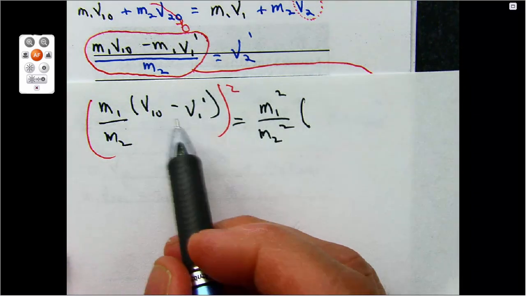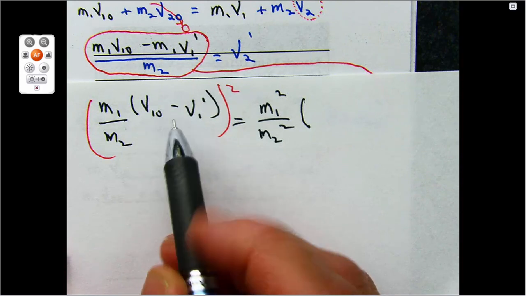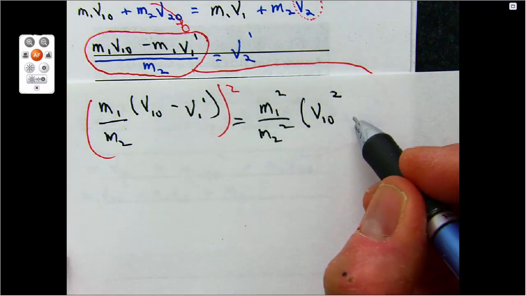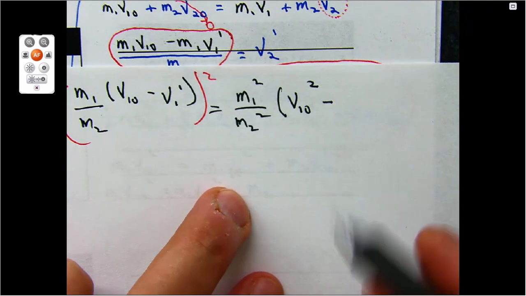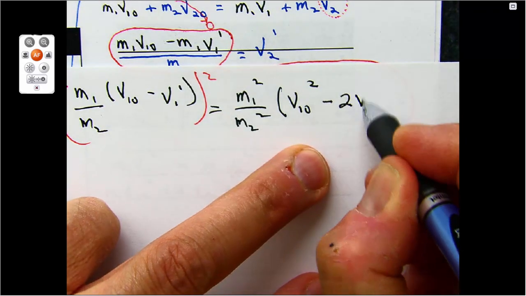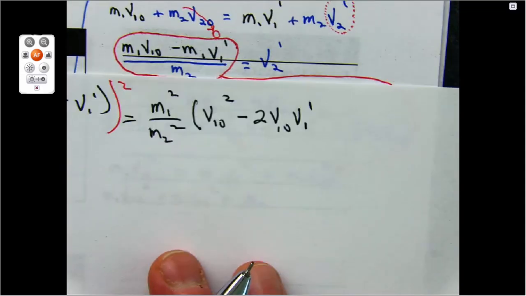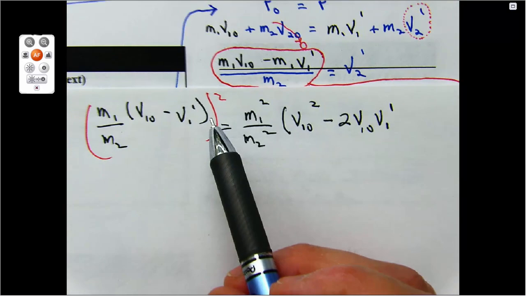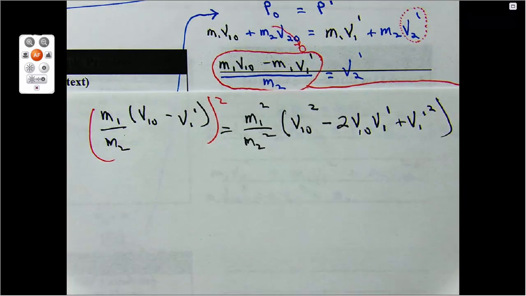This isn't so bad, because this is going to be V1 initial squared, right? You line this up by itself. This is going to be V1 initial squared minus, what are we going to get? We're going to go minus 2 V1 initial V1 prime plus V1 prime squared. Isn't that what it would look like if we just squared that?